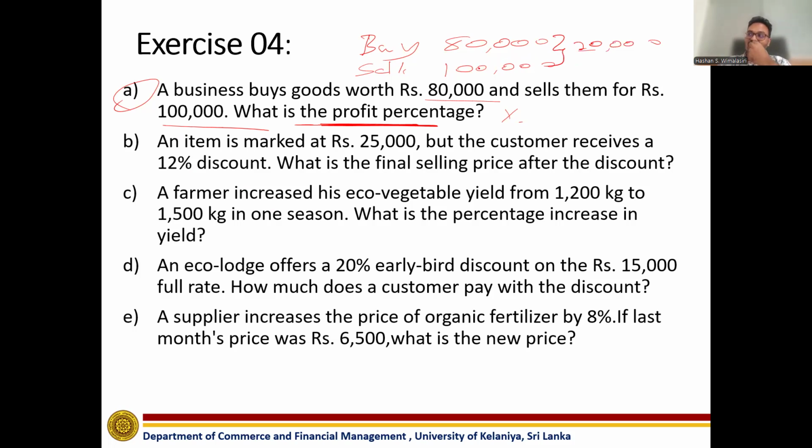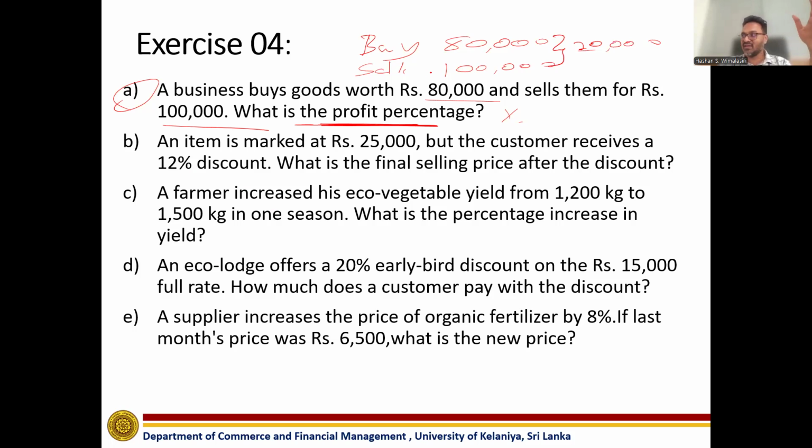So if we say, if we have 200,000 as the cost of goods, and you are selling that with 10%, so what is the value? 220,000, right? That is what you are selling for. Here the question is different.